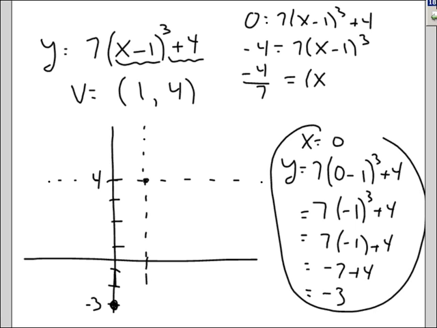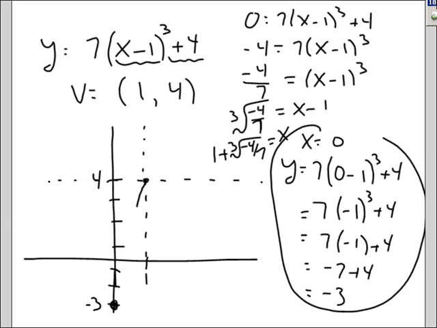You'll find out what (x minus 1) cubed is. Take the cube root of both sides. So you get the cube root of -4/7 is just x minus 1. Add 1 to both sides. This will become the left side, and the right side will just be x. Okay, you're only crossing one time.